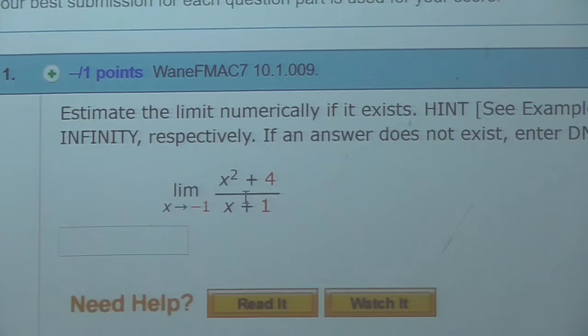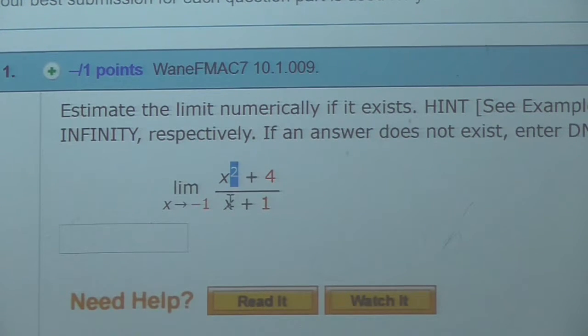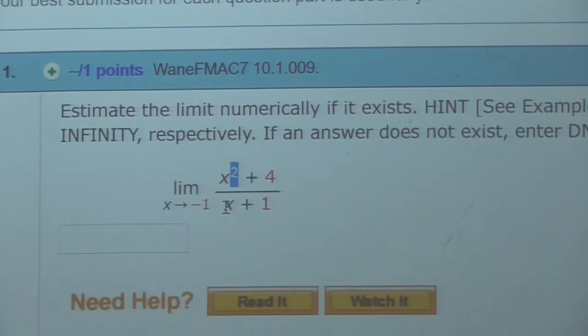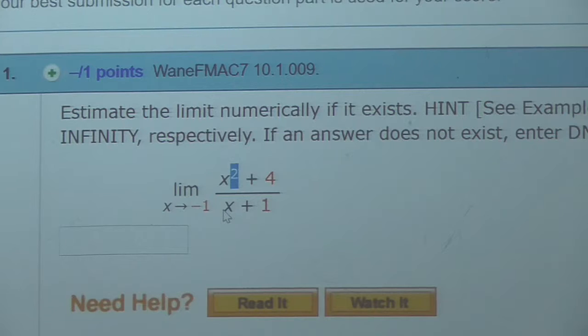Now, suppose it was reversed. Suppose the top had just the power of 1, and the bottom had the power of 2. Suppose that we had the inverse here. What would happen then for large x? If we put in 1,000, the bottom would become 1,000,000 and the top would be 1,000.